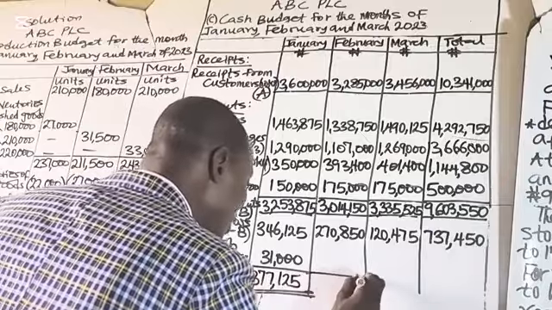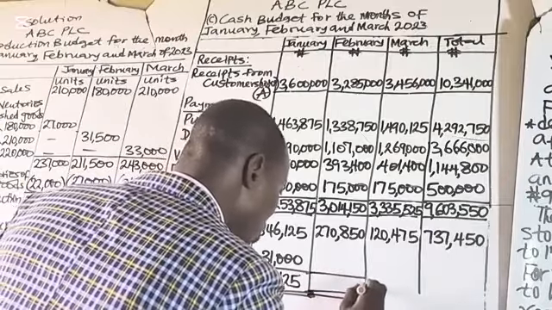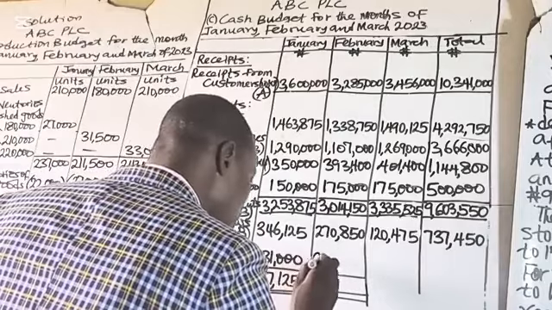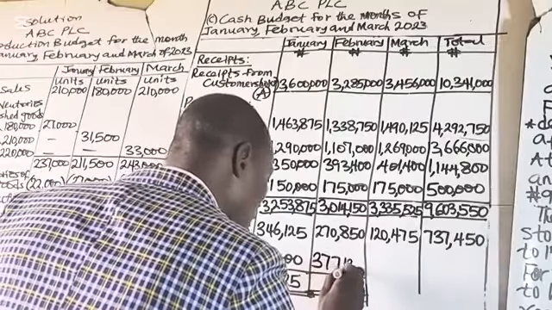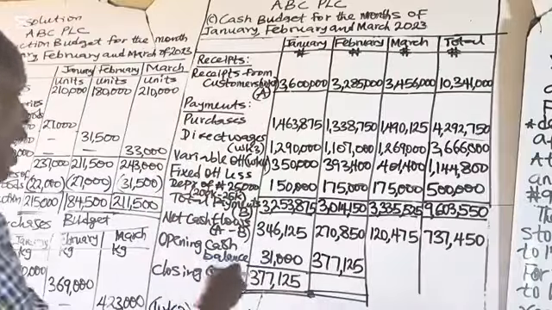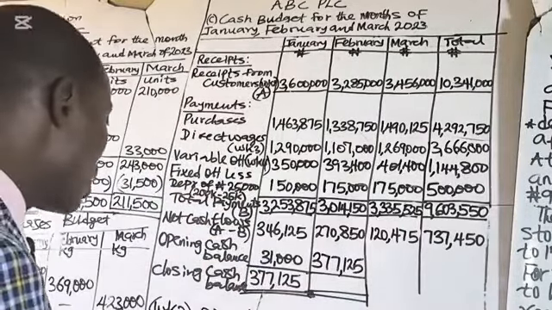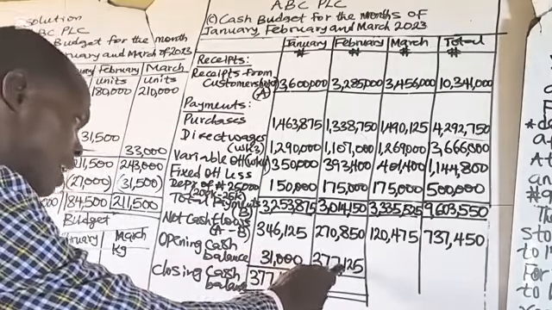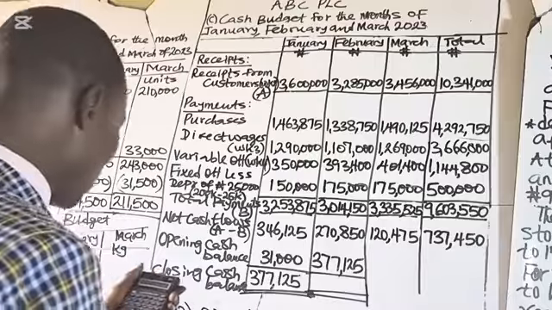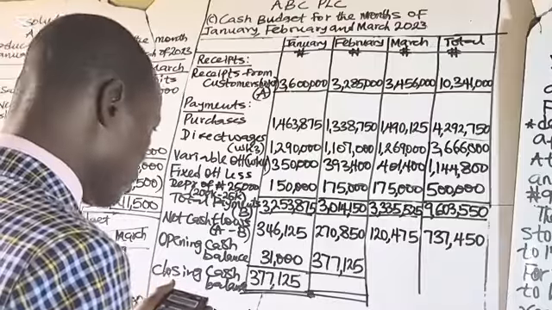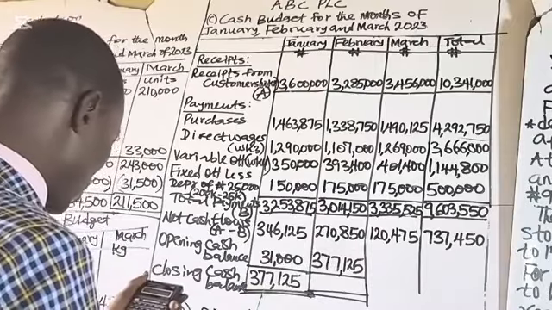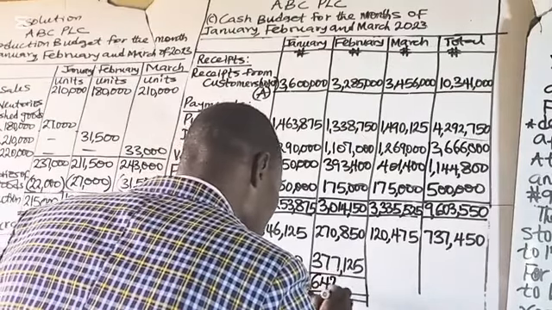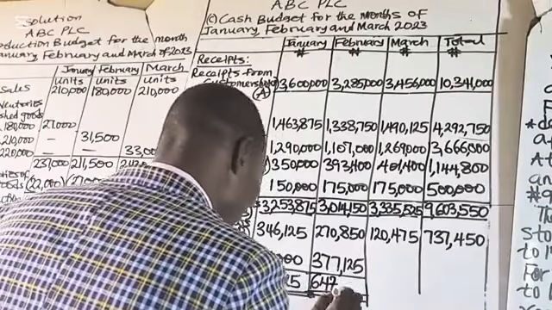The closing balance in the month of January becomes the opening balance in February. So in February, we have the opening balance to be 377,125, plus the net cash flows of 270,850. So we have 647,975.